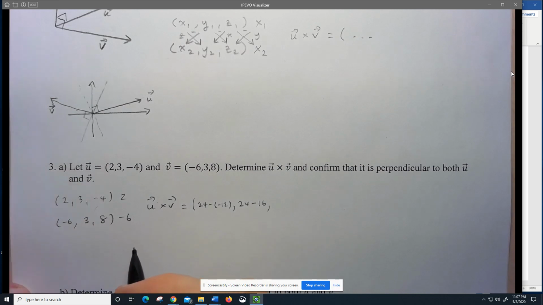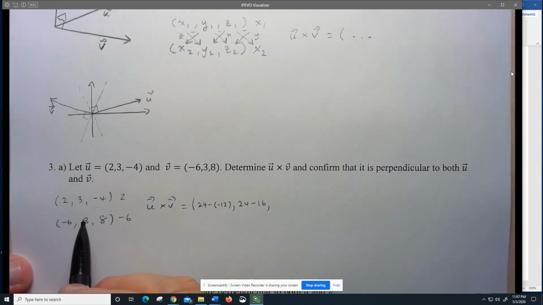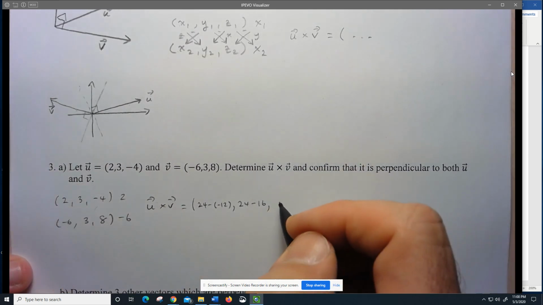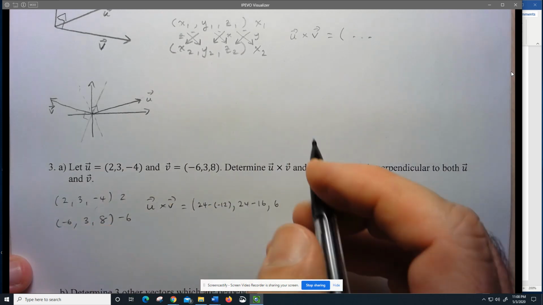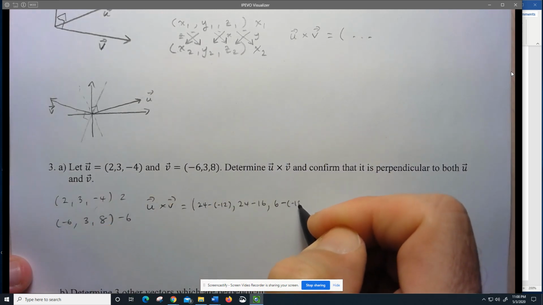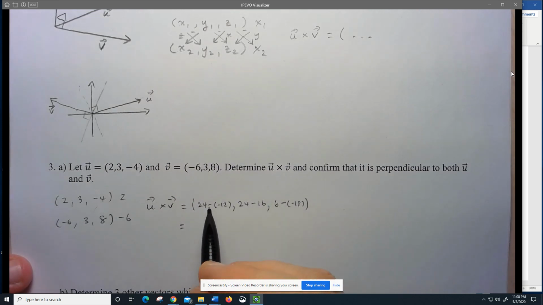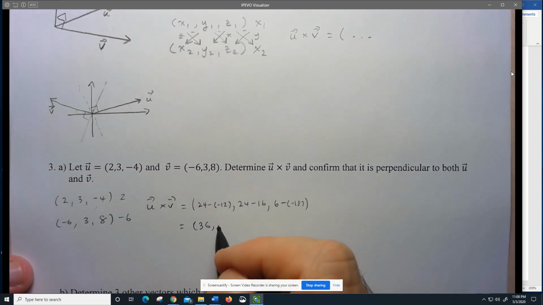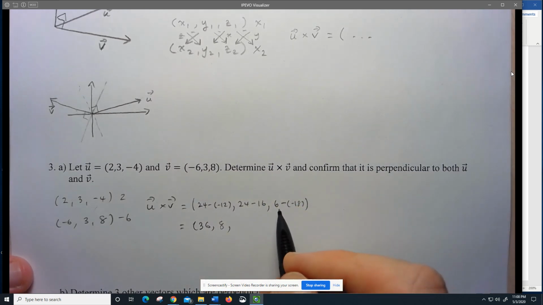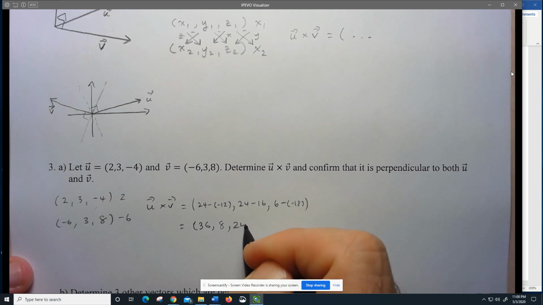And then lastly here, we'll do these two, 6, minus -18. And so our final answer here is going to be the vector. Well, 24 plus 12 is 36. 24 minus 16 is 8. And 6 plus 18 is 24.